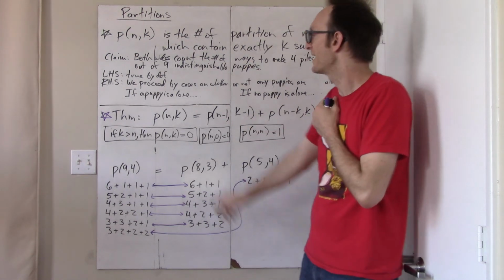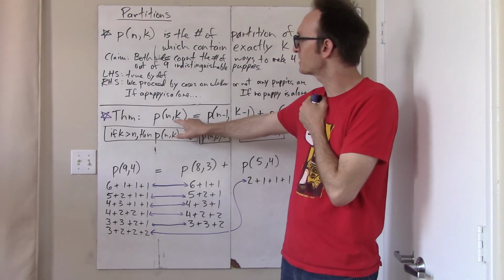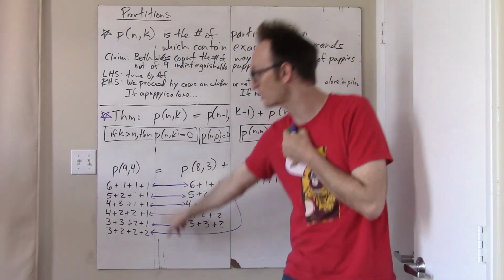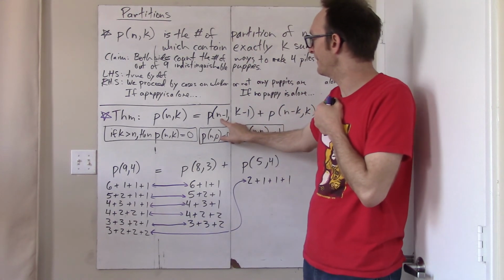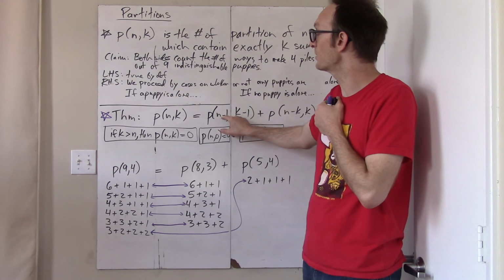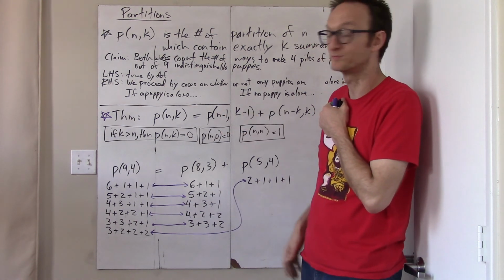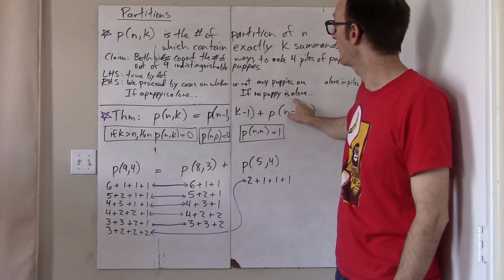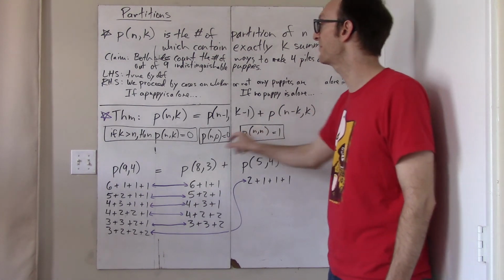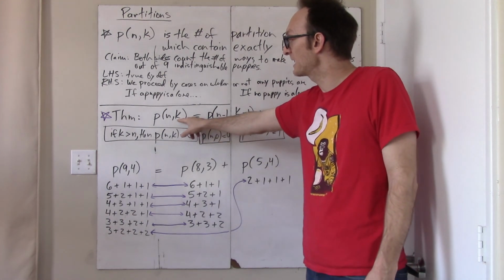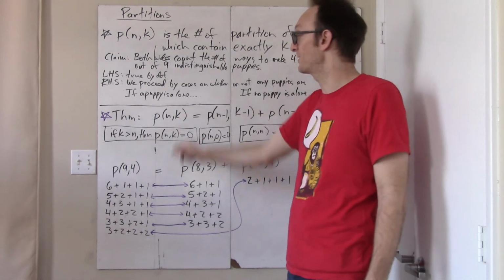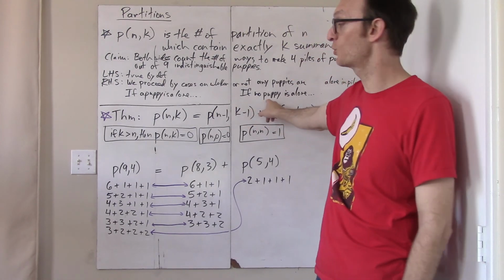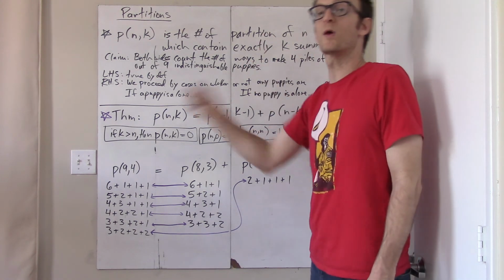Okay, so in other words, for every partition in which there is a lone puppy, there is a matching partition, which is what I tried to do with the purple arrows, of one fewer puppy into one fewer pile. Now if on the other hand no puppy is alone, that means that all your k piles have size 2 or greater. Well, then simply remove one puppy from every pile.